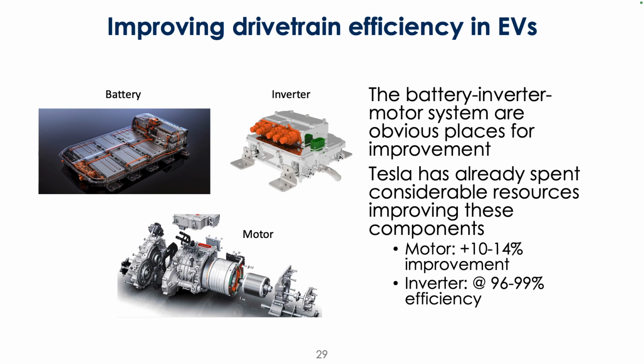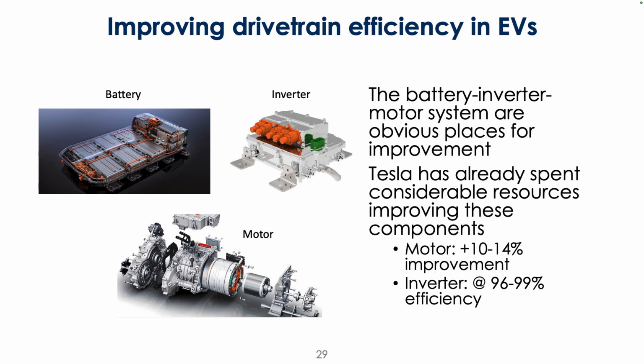Okay, what would that look like in electric vehicles for drivetrains? This would be on-cycle, things related to the on-cycle efficiency. Your battery, inverter, and motor system are the most obvious places for improvement. A lot of companies have spent considerable resources, with Tesla kind of leading the way here.